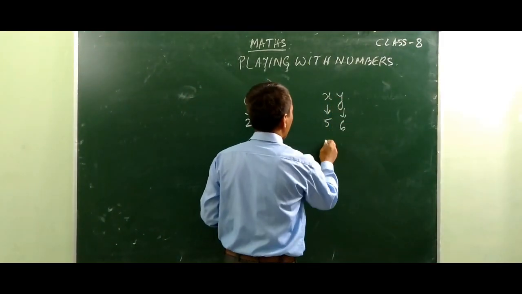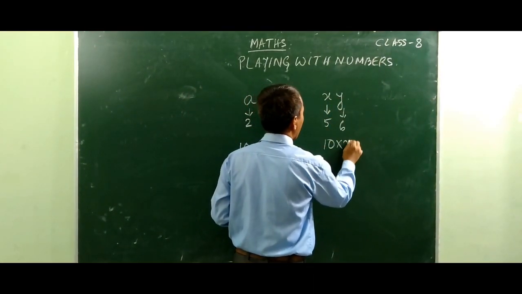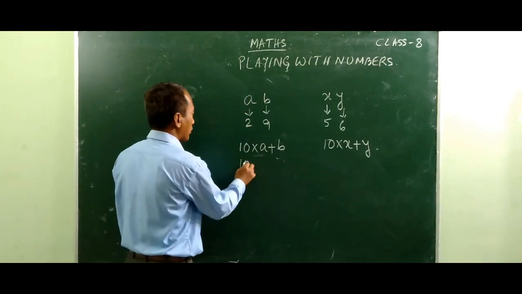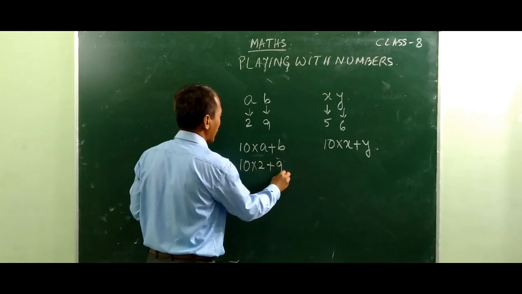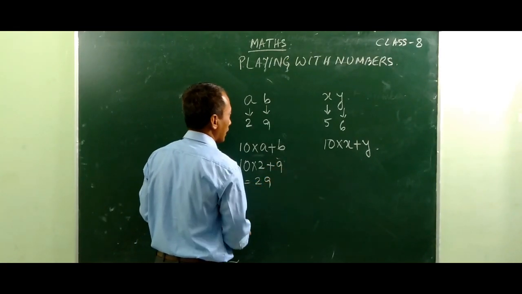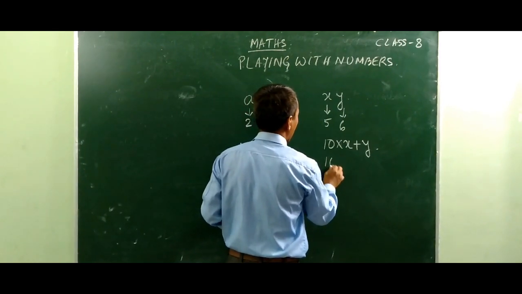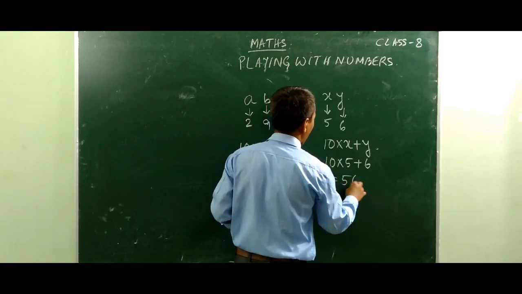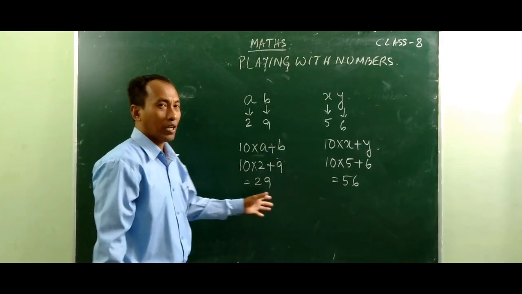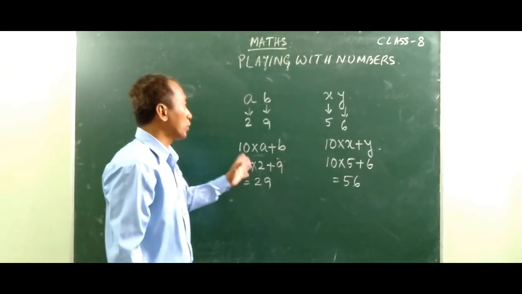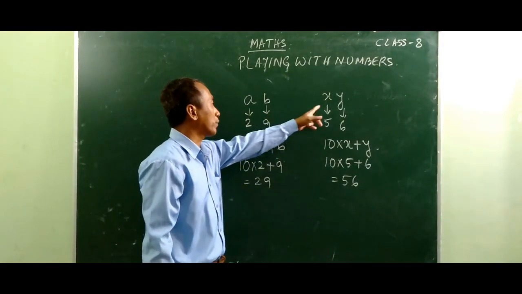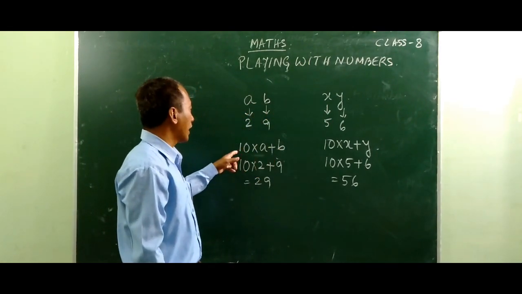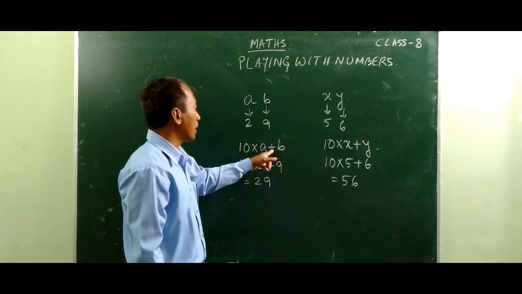Similarly, 10 into 2 plus 9 gives 29, and 10 into 5 plus 6 gives 56. So a 2-digit number can be expressed in alphabet form as AB or XY. How do we get AB and XY? 10 into tens place plus unit place.